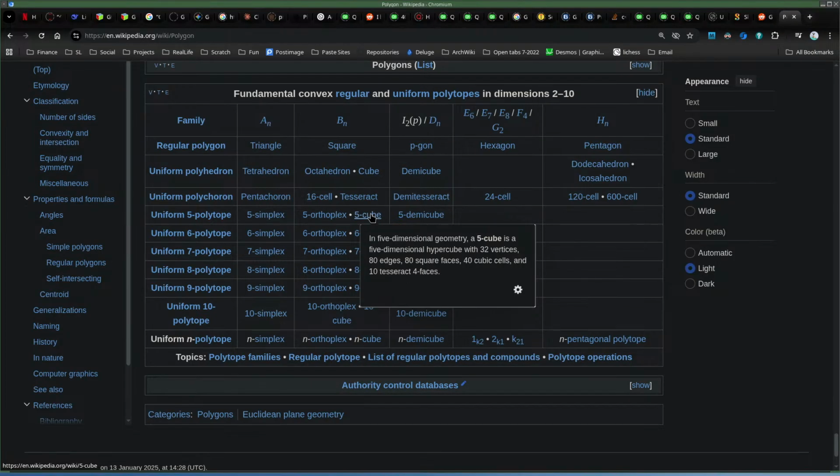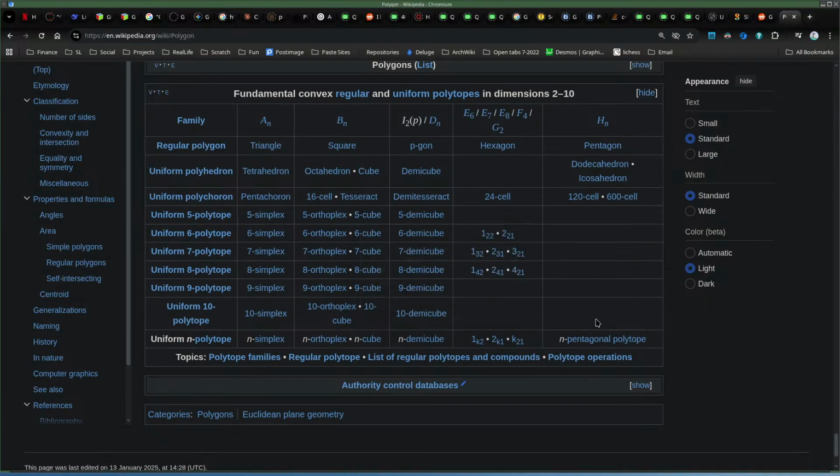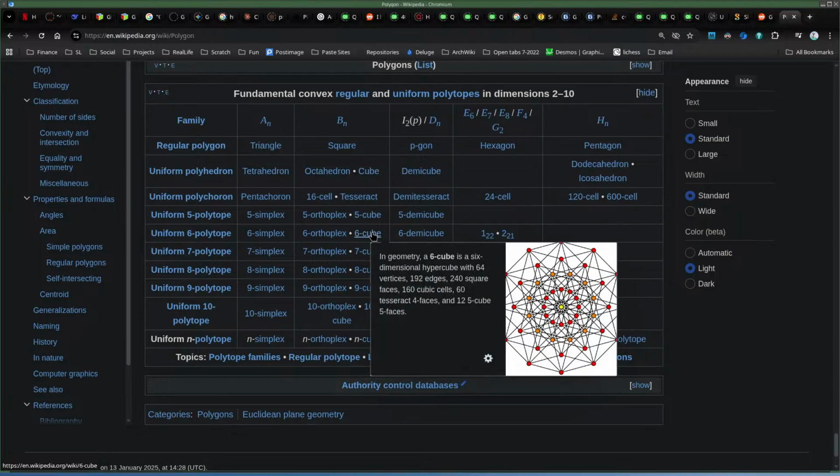Here they are called faces. Well, a four-face. Is the four-face here a facet? So they switch from 64 vertices, 192 edges, 24 square faces.